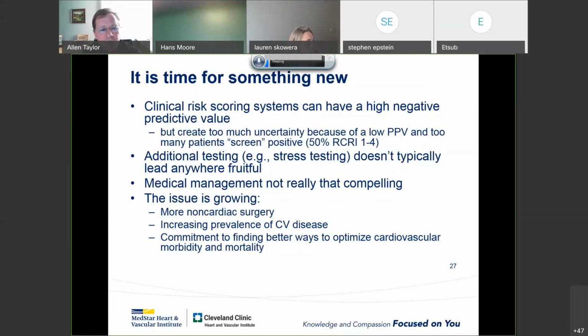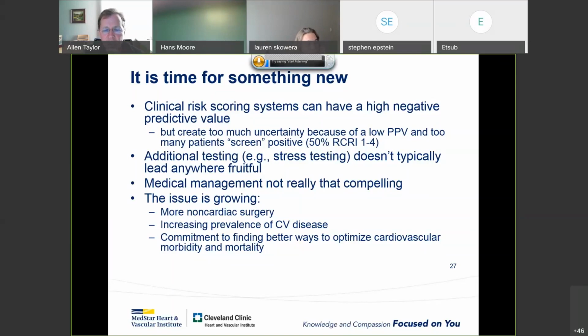Again, these clinical risk scoring systems have high negative predictive value, but they really screen too many patients as positive. And the issue is growing. There's more non-cardiac surgery, there's increasing prevalence of cardiovascular disease, and we are committed to always finding better ways to optimize our cardiovascular outcomes for our patients.